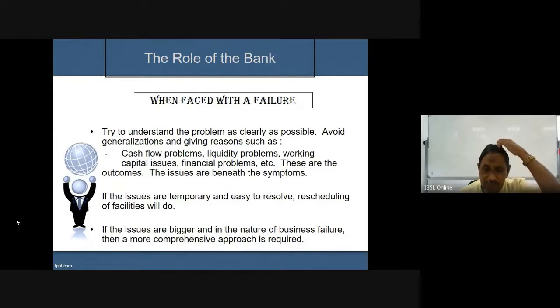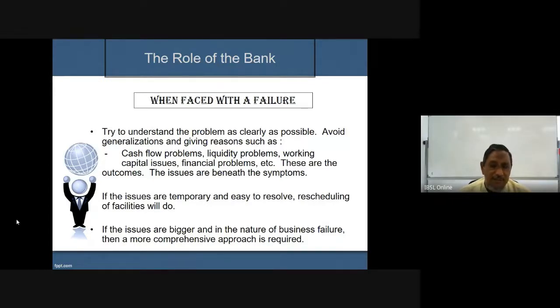Okay. So what is the reason for funds not being available? The easy reason is the check is bounced due to funds not being available. That is not the cause. The cause is somewhere else. Why are the funds not available?